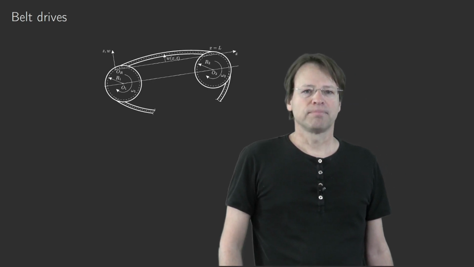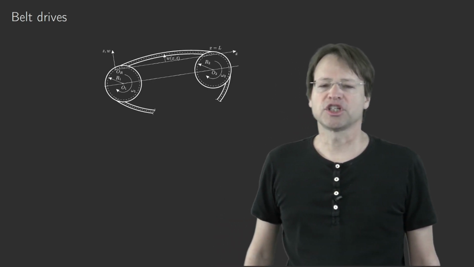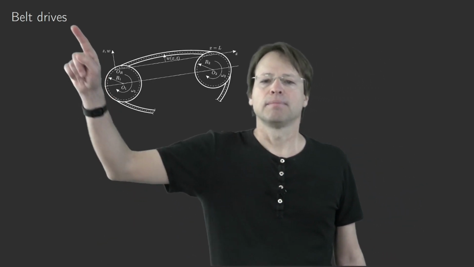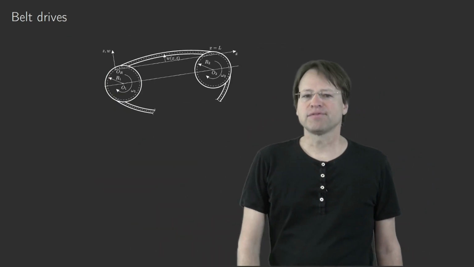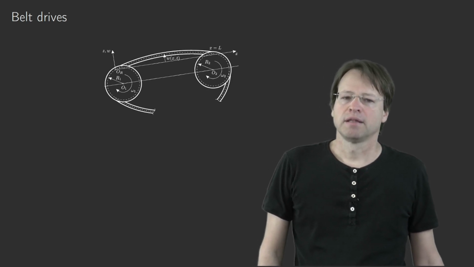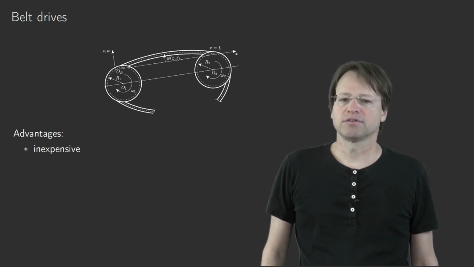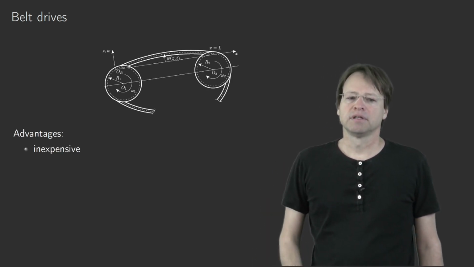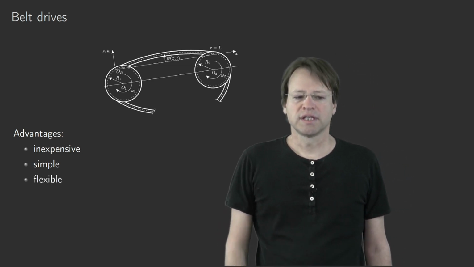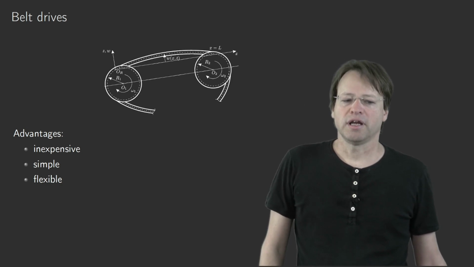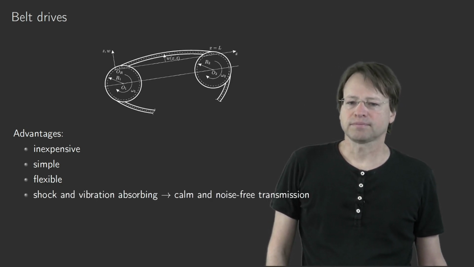Welcome to a new chapter in Machine Dynamics 2, a chapter that deals with belt drives. So belt drives have several advantages. They are very inexpensive, they are simple, they are very flexible, and of course they are shock and vibration absorbing.